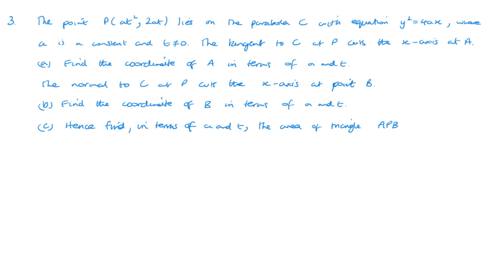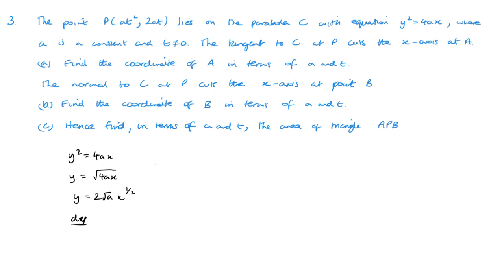So we have y squared equals 4ax. That's the equation of the parabola. So y equals the square root of 4ax. So y equals 2 root a x to the half.